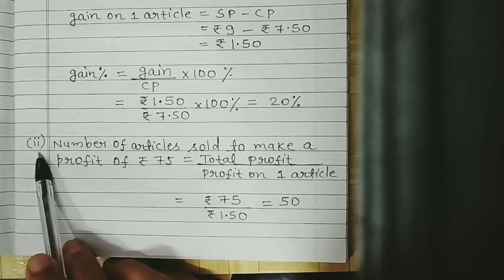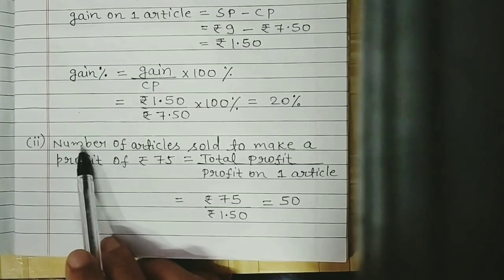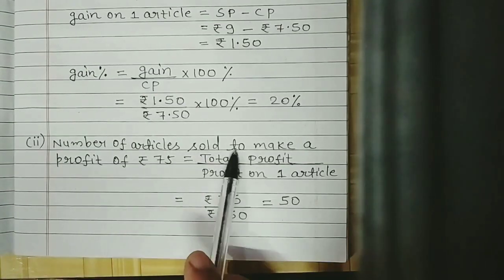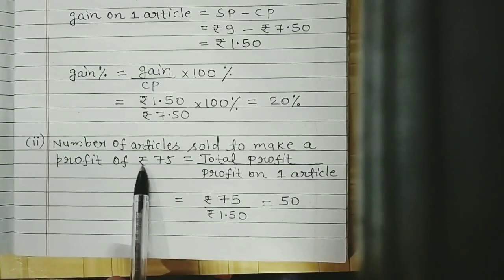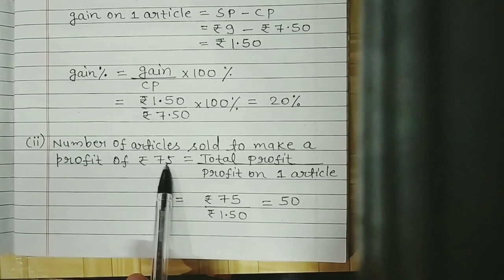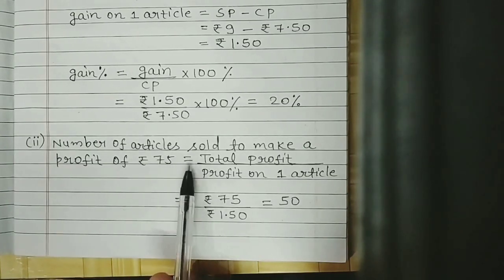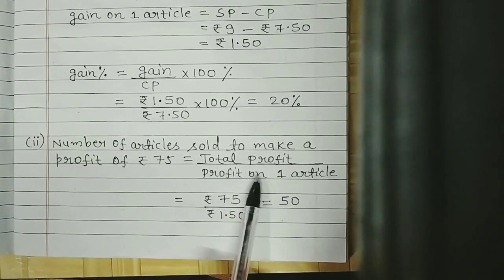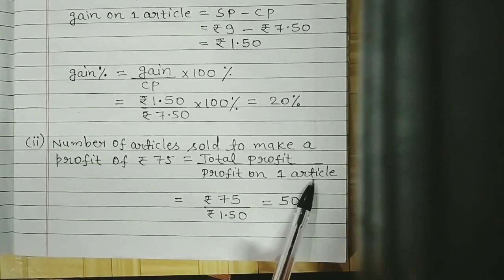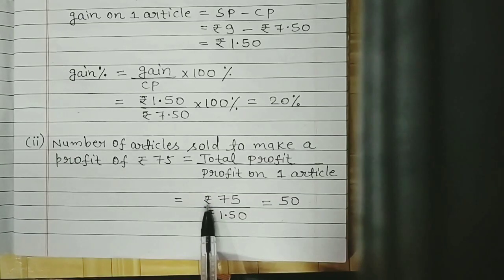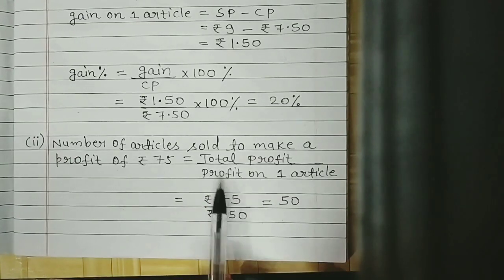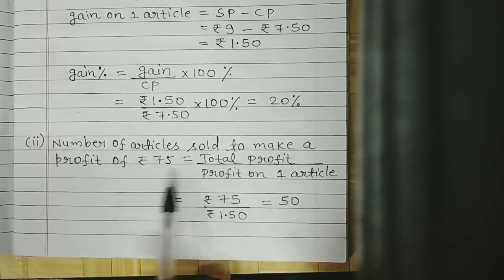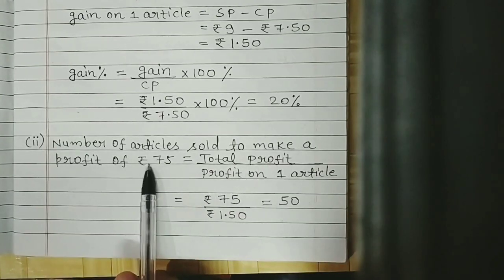In the second question we have to find the number of articles sold to make a profit of rupees 75, and for this I have written it is equal to total profit by profit on one article. So I have written rupees 75 in place of total profit, as it is given in the question.